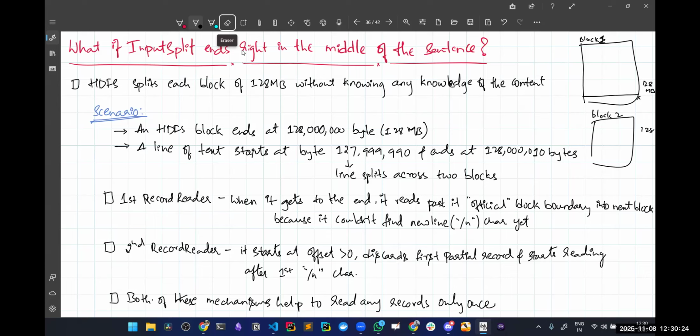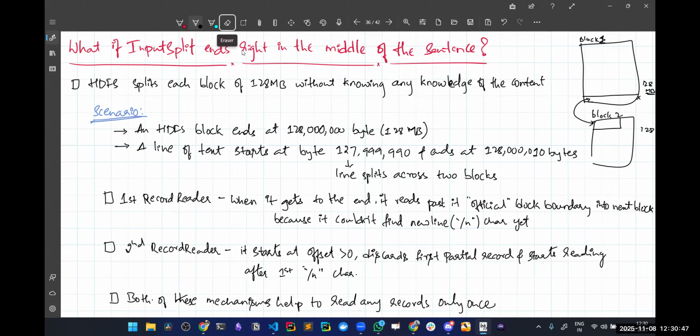So this block and this block share the same sentence, because HDFS is dumb. It doesn't understand whether it is in the middle of a sentence or a record. It will just chop up the records by 128 MB.